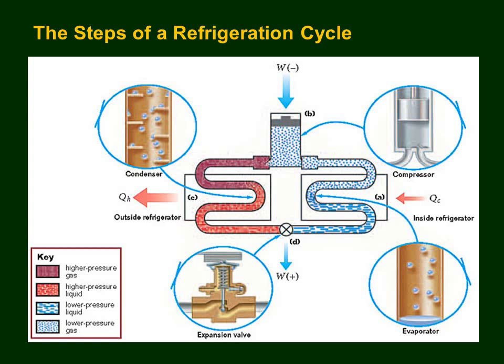It starts to absorb heat from the freezer and from the food inside the freezer, so the freezer becomes cold. And now it's pulled again by the compressor and so on. So this is the cycle for refrigeration.